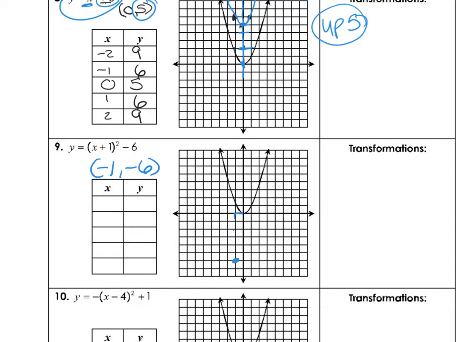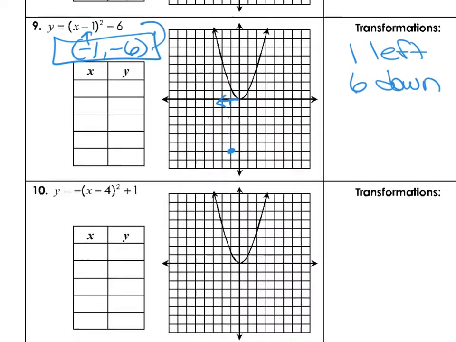So I went 1 left and 6 down. When I write the equation, I just change this to the opposite, and there's my equation.